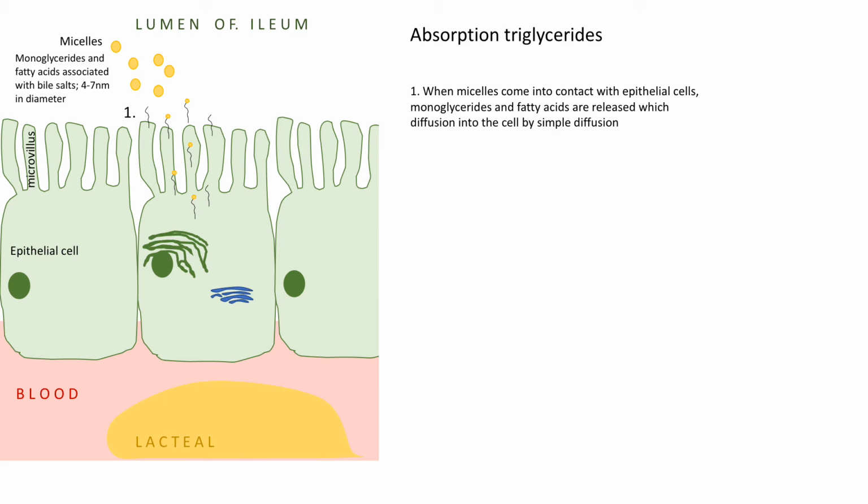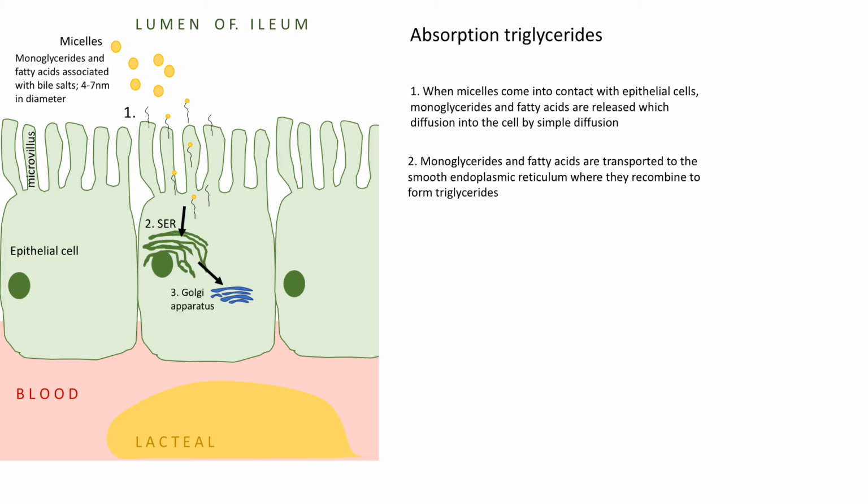Then from there, they move into the smooth endoplasmic reticulum. That's step 2. And there, a condensation reaction occurs to form triglycerides from these monoglycerides and fatty acids. So that's where triglycerides are formed, step 2. And then from there, they're transported to the Golgi apparatus, step 3.